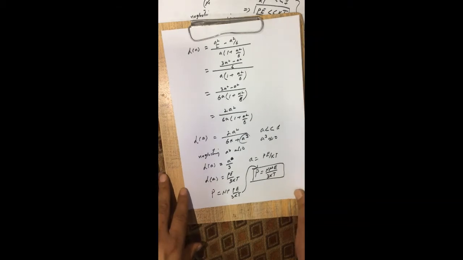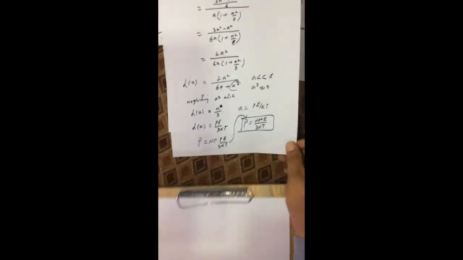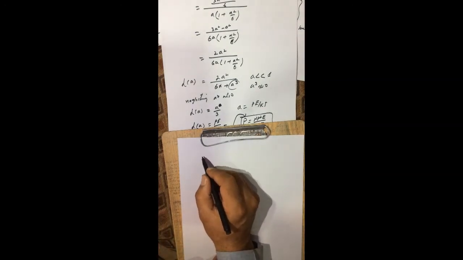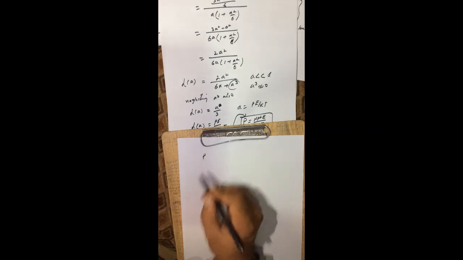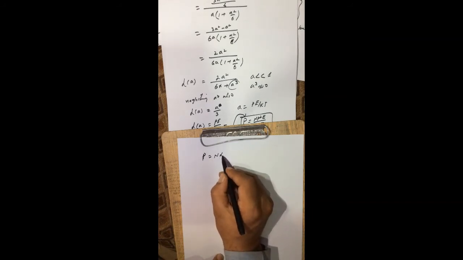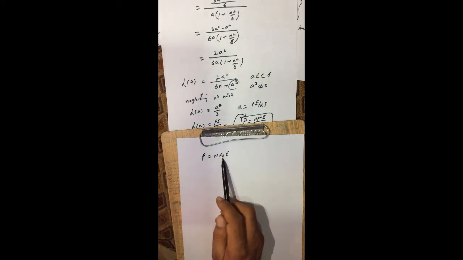Now we also know that polarization is equal to N times alpha d into E, where N is the total number of atoms, alpha d is the polarizability of depolarization, and E is the electric field.